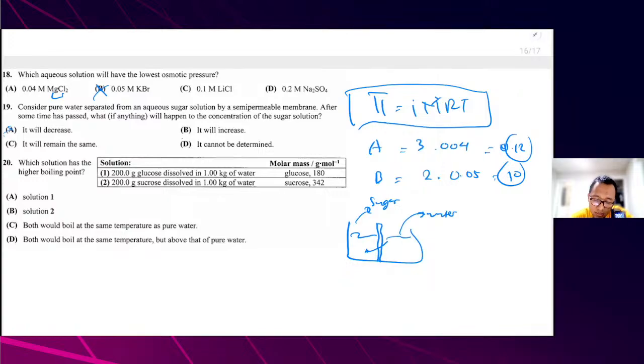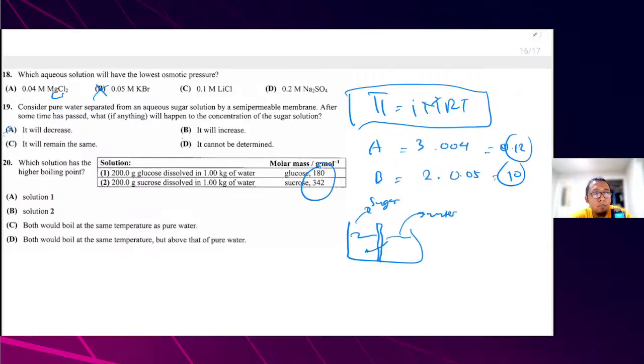Number 20. Which solution has the higher boiling point? Glucose and glucose. In this case, only the molar mass is different.